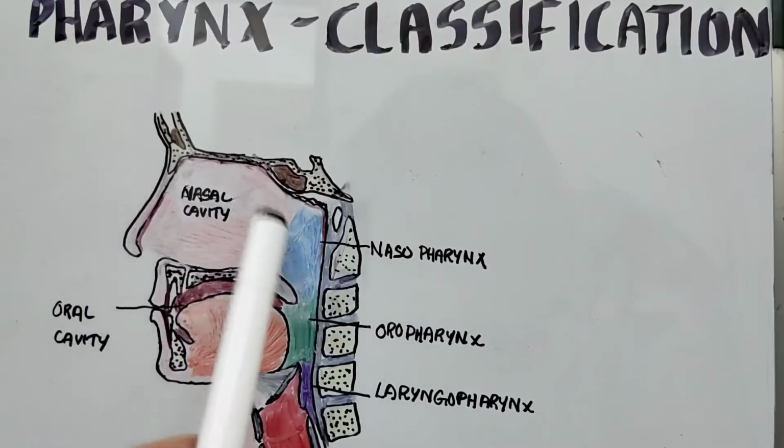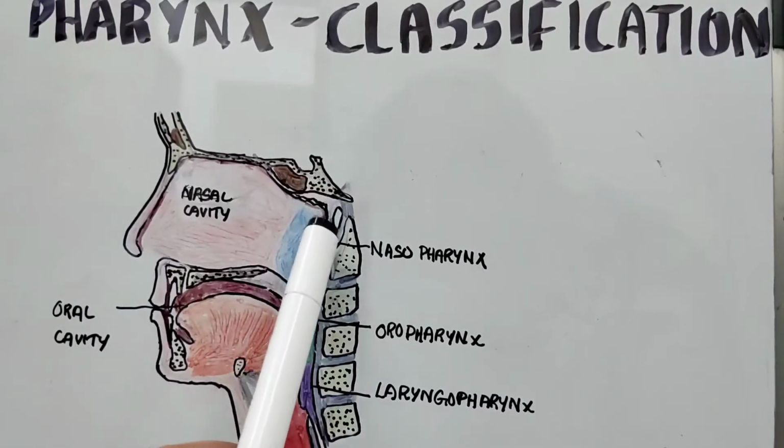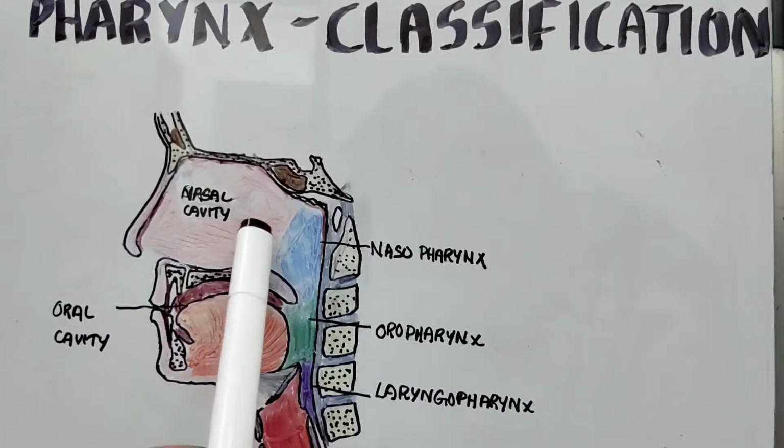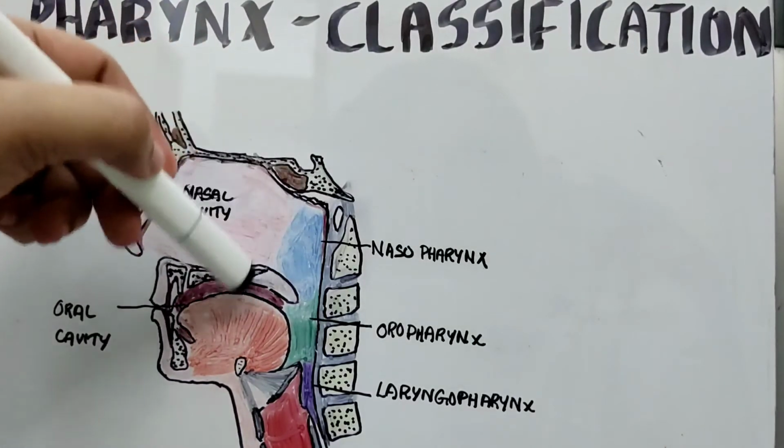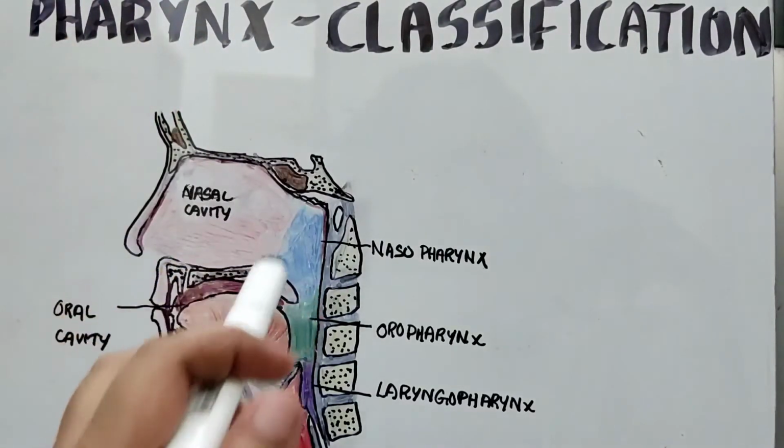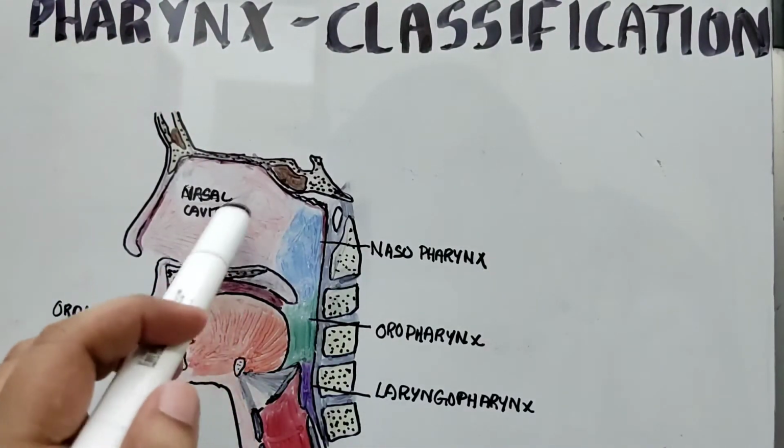First is the nasopharynx. Anteriorly it is related to the posterior nasal aperture.